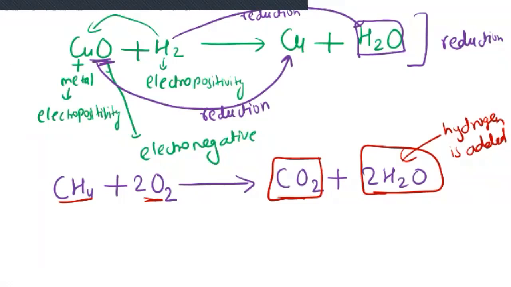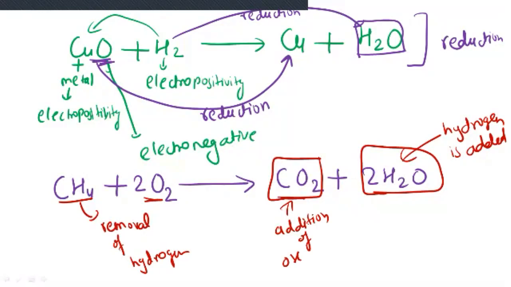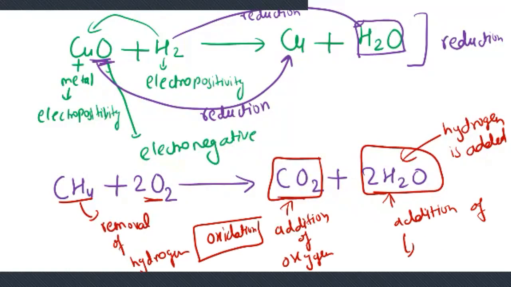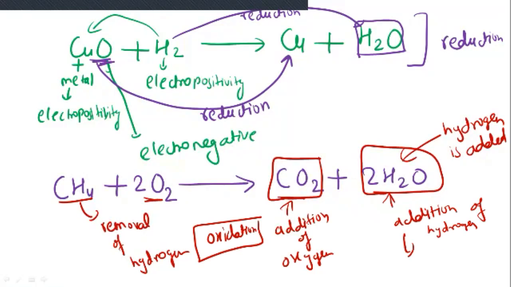Every reaction has a pair of oxidation and reduction, both happen in pairs, never one alone. I will give you a very simple example for that. When there are reactions where there is removal of hydrogen and addition of oxygen, here oxidation is happening, and addition of hydrogen is reduction.